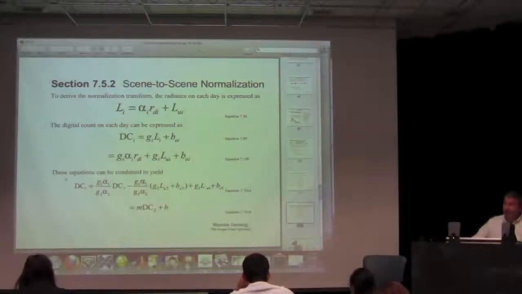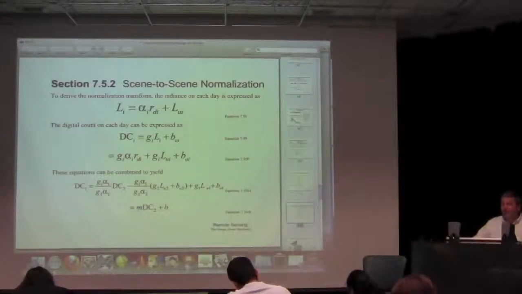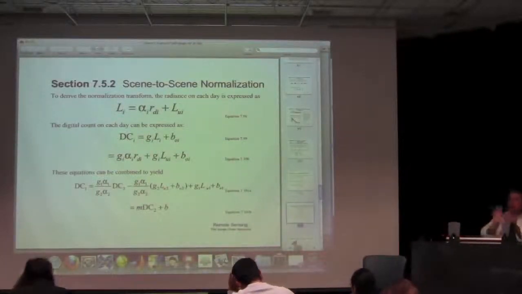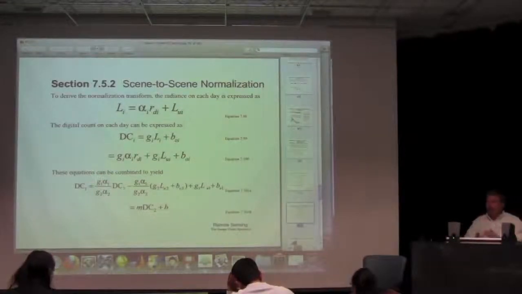If I wanted to solve for day 1 in terms of day 2, what would that do? Well, first of all, that would convert all the day 2 digital counts to look as if they were taken on day 1. And that's what we're referring to as a scene normalization. Just change them all to make them look like they were taken on the other day.